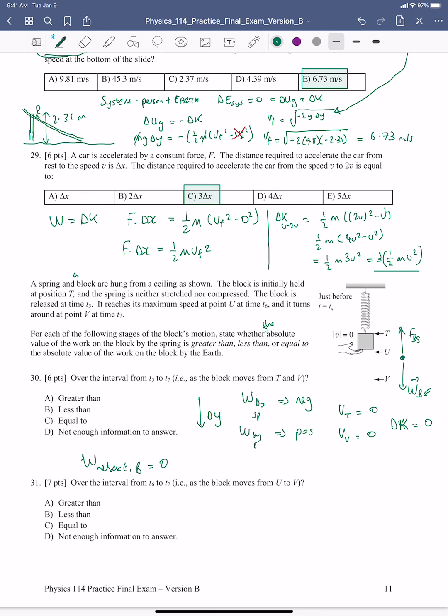The only two works on the block are the work done by the spring and the work done by the earth. One's positive, one's negative. So work by spring plus work by earth has to be equal to 0, so their absolute values must be equal to each other. So equal to is the correct answer.